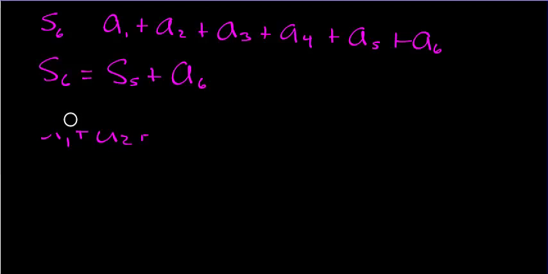Let's suppose that we've got the k minus 1 partial sum.